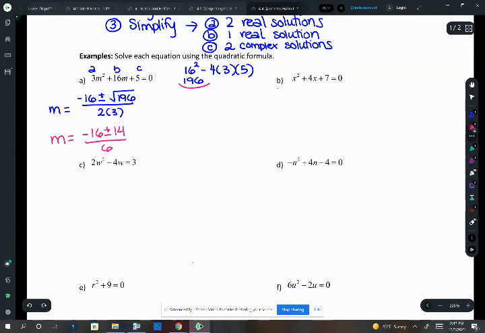Because of that plus or minus, this breaks it into two problems. I get negative 16 plus 14 all over 6, and negative 16 minus 14 all over 6. When I do the math there, I want to be very careful. If I put it in the calculator as one problem, I need to make sure the parentheses are around the top and the bottom.